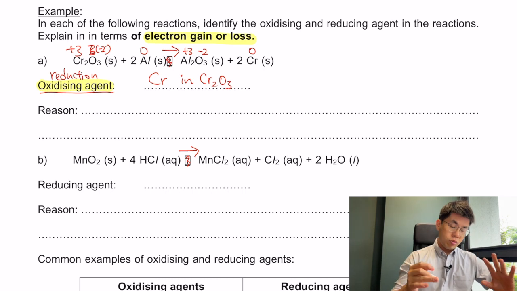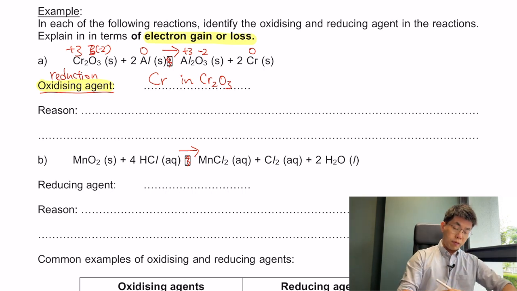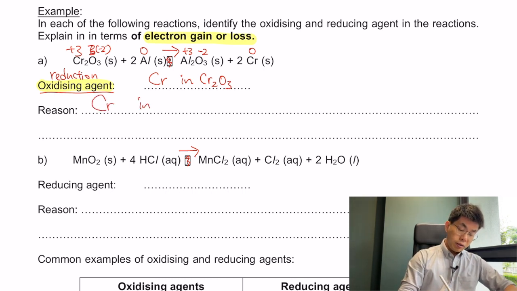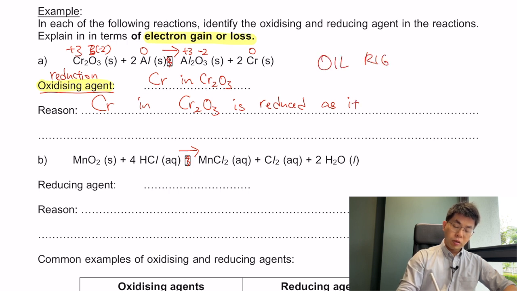So it's very straightforward. Just repeat whatever you have learned. So you just say Cr in Cr2O3 is reduced, as per OIL RIG, reduction is gain, as it gains electron to form Cr metal.